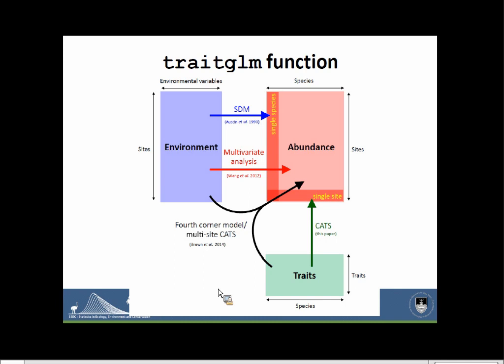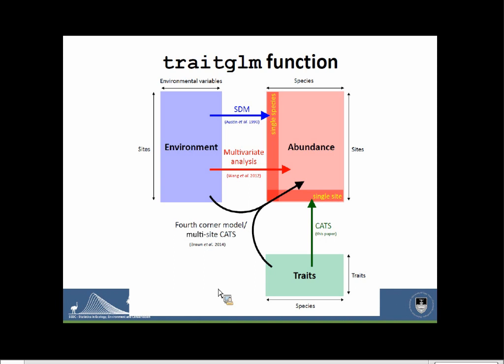And normally what we would do is take the environment variables by site, the species by site, and the traits by species, and you would multiply the matrices of the traits and the abundance together to then relate that to the environment on a site basis.